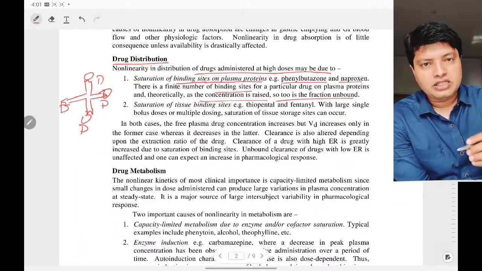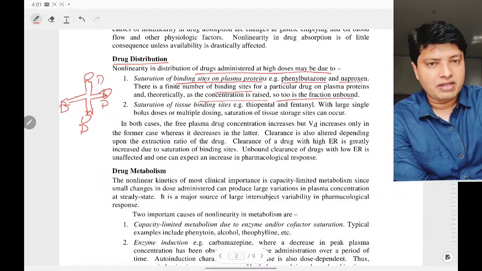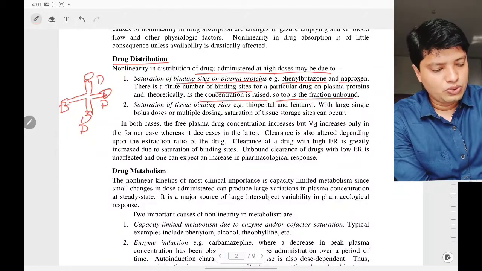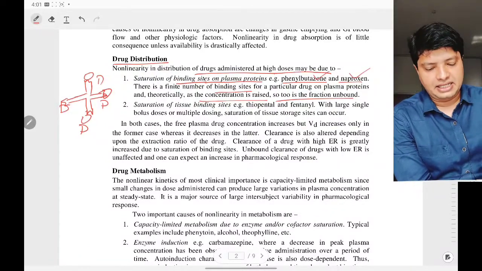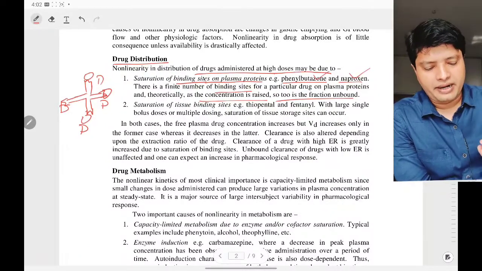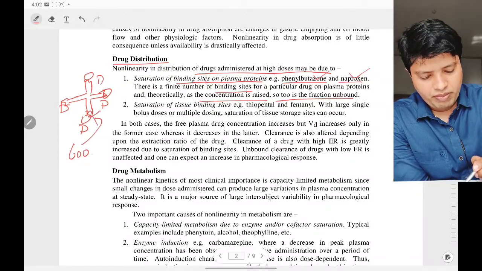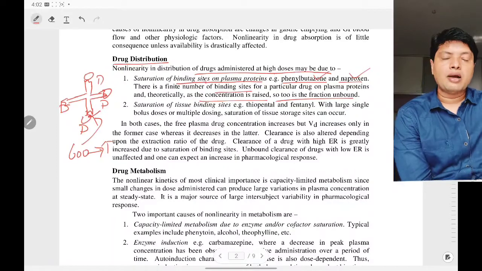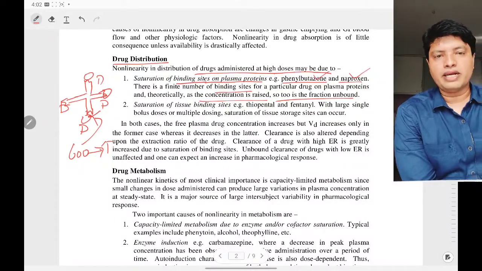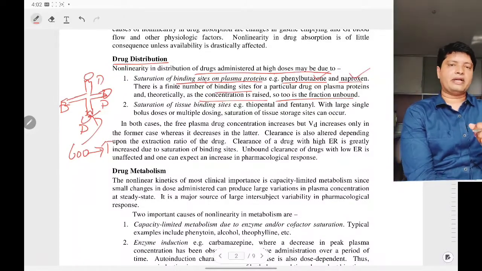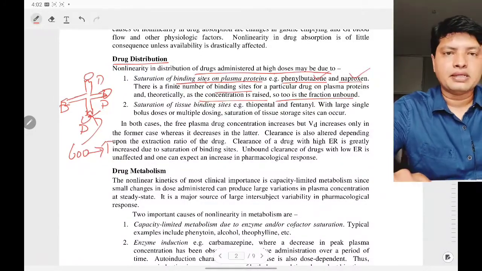Because they have only a finite number of binding sites on the protein for these two drugs. Let's say the binding sites are 100. I have given 600 molecules, 100 will go bound, and the remaining 500 will be unbound. So there is a higher concentration in the plasma. What I need is only 400, but there are 500 molecules which are unbound in the plasma.